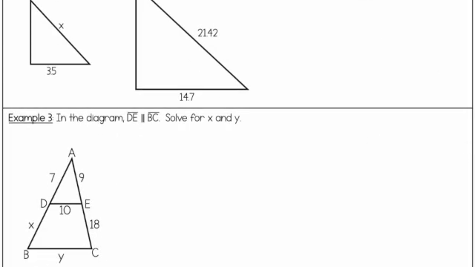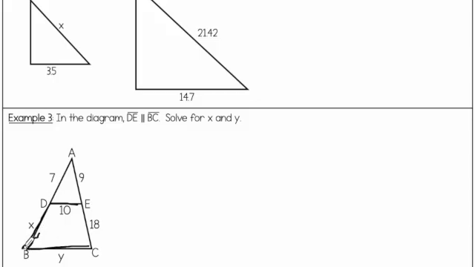Okay, so here we have a triangle with a parallel line, and in the diagram DE is parallel to BC. Solve for x and y, so we can use a couple of different ways to find y. It's going to correspond to this, which is a whole side of a triangle, not a piece. To find x, x is a piece.